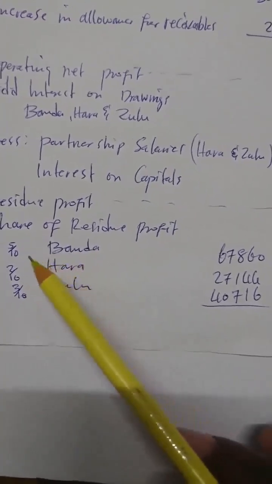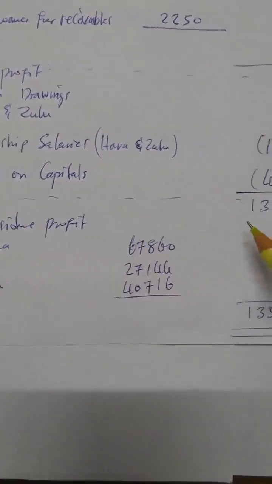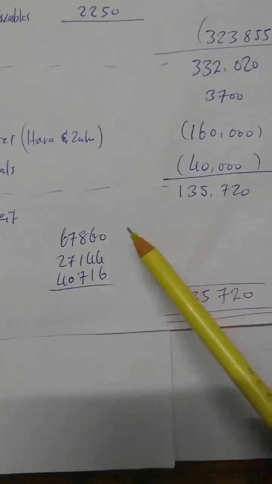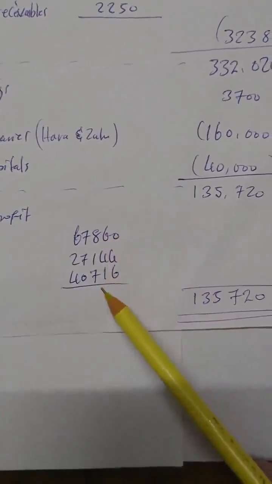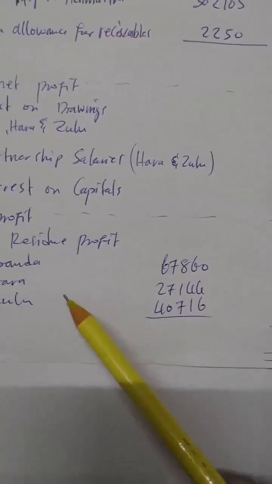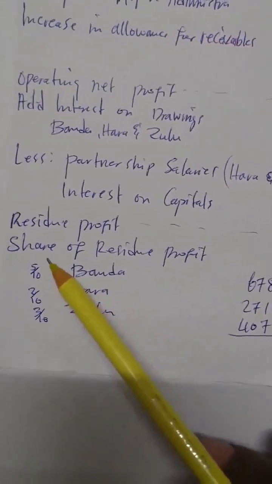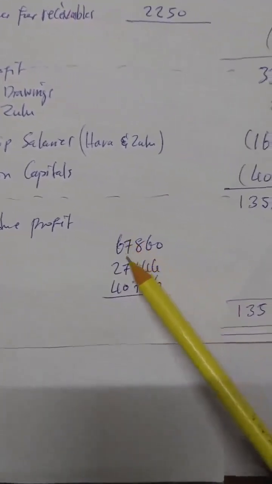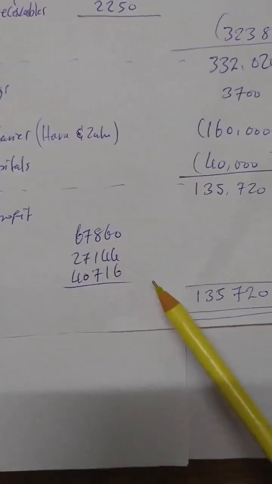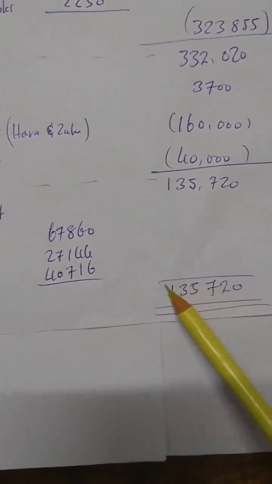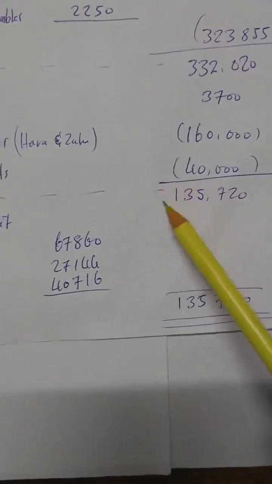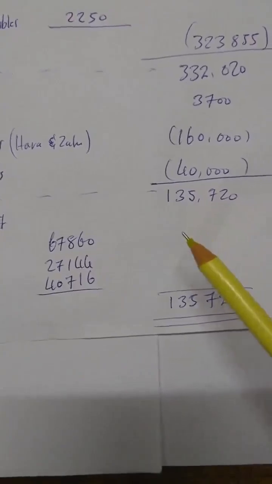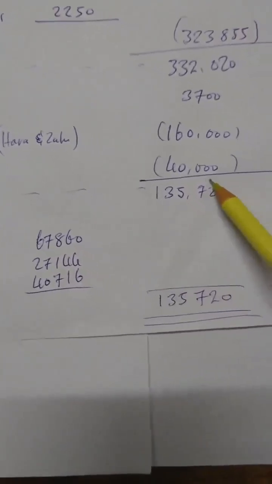Then you calculate 5 over 10 times the residue profit, the one they are sharing. So these figures are coming from the ratios that the partnership shares the profit or the loss. These figures add up to this one, indicating that the whole profit was shared in those ratios. Okay, that's it I had to explain.